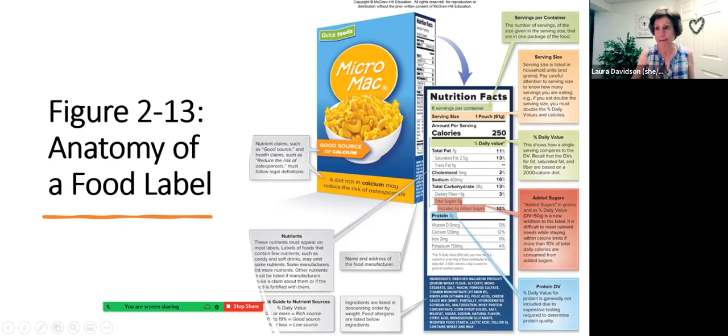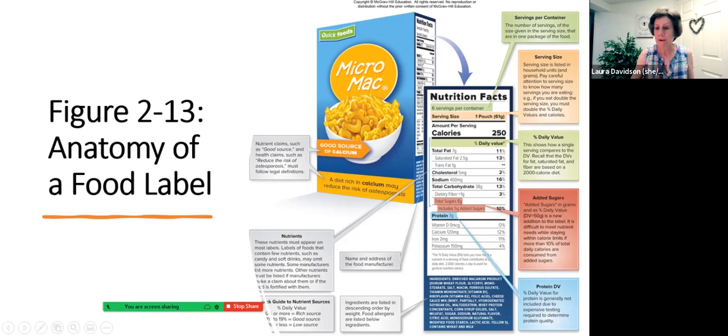All right. Percent daily value. Those are these percentages. This shows you how that one serving fits into a full day's intake, recommended intake. So some of these recommendations are limits and some of them are goals.